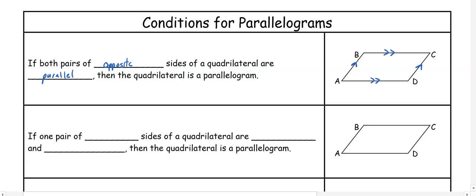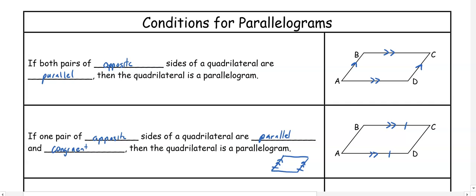The second condition is if one pair of opposite sides are both parallel and congruent. So let's, for example, say the top and bottom are parallel and they are marked congruent. We could also have the other way where the left and right sides are parallel and congruent.